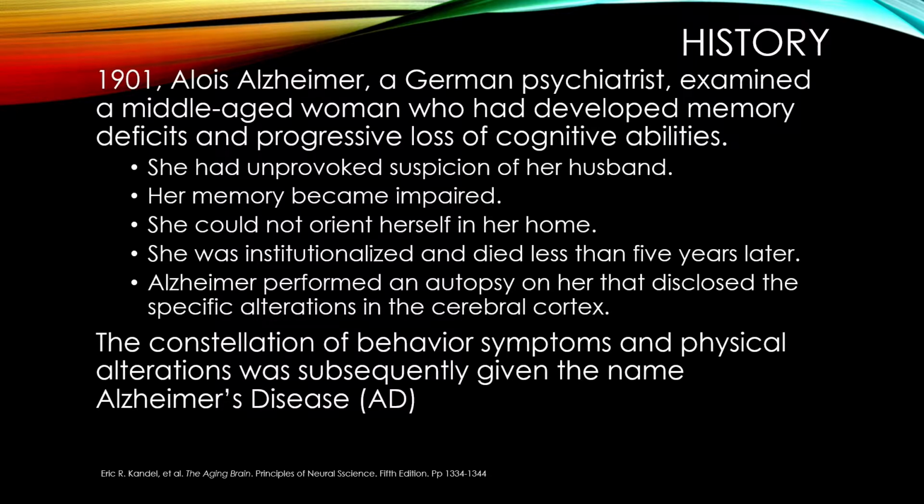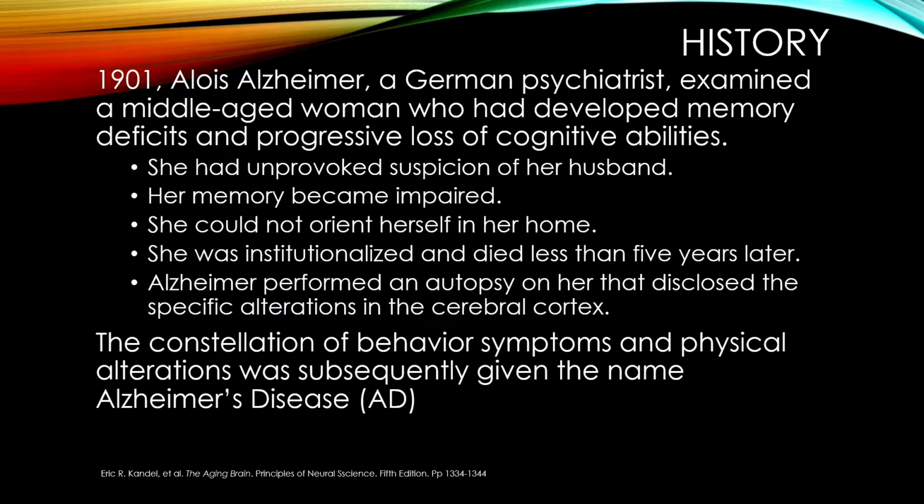Alois Alzheimer, a German psychiatrist, examined a middle-aged woman who had developed memory deficits and progressively started to lose cognitive abilities. She would get upset at her husband for nothing, unprovoked. She would be suspicious. Her memory became impaired.